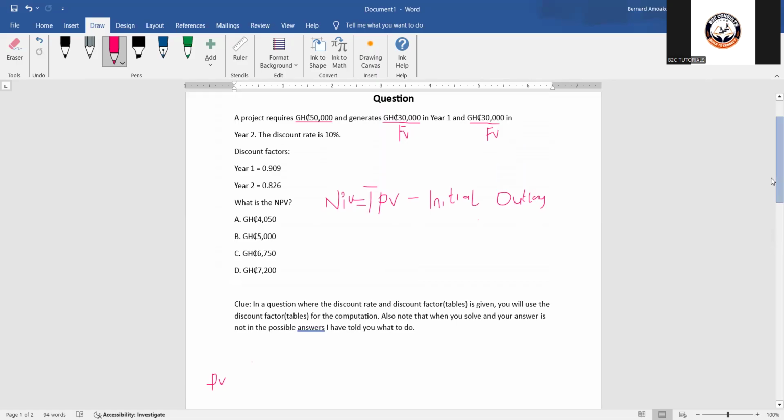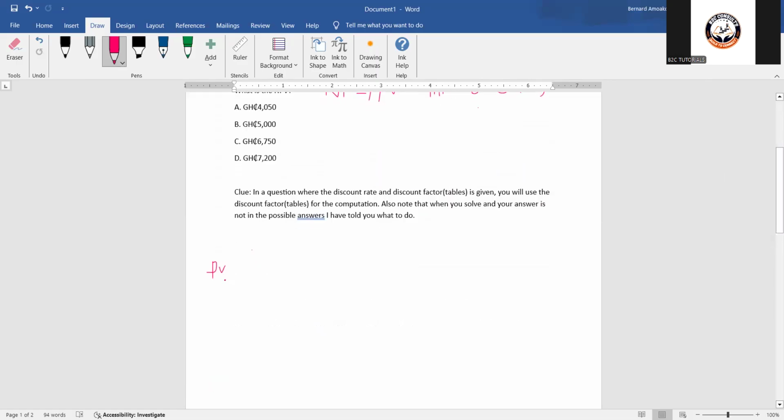So we know the present value formula is equal to the future value divided by 1 plus r raised to the power n.